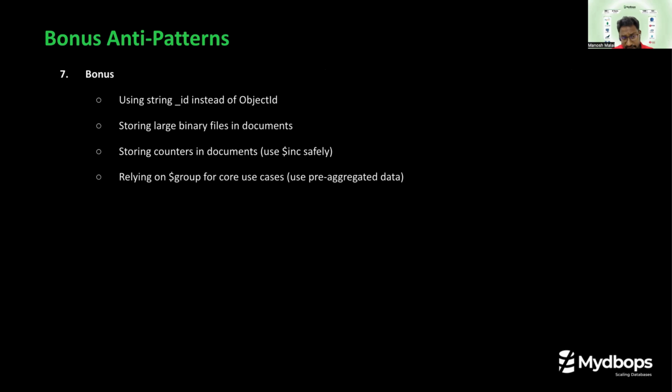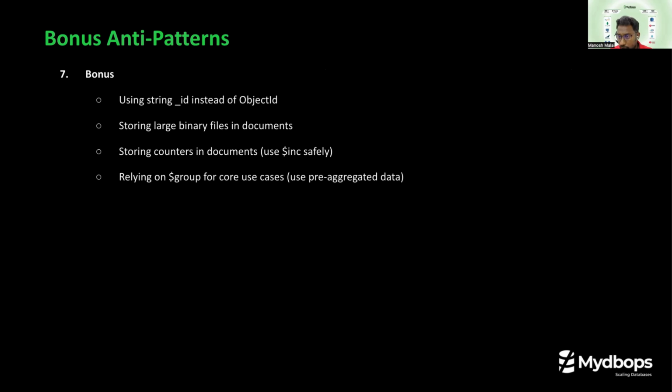Another bonus anti-pattern is people overriding the underscore ID, the ObjectId, and using a string. It is not a good practice, since everyone knows underscore ID is unique and it creates an index by default. If something goes wrong, or you are creating a big string there, that index size also grows. A lot of challenges will come into the picture.